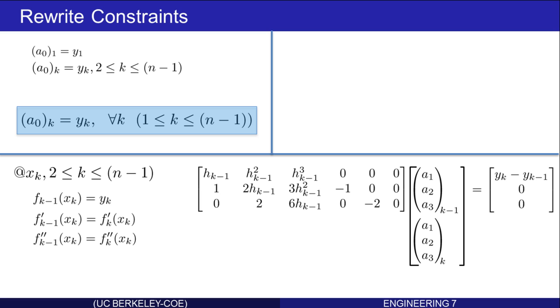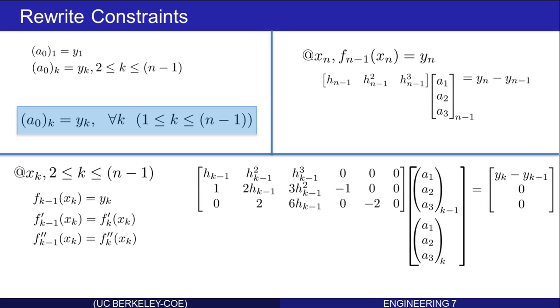You can see that we've used A0 k minus 1 equals yk minus 1, and that's why yk minus 1 is now appearing in here, and A0 k minus 1 is no longer on the left-hand side. Similarly, in the equation at the right endpoint, we've made a substitution for A0 n minus 1 equaling yn minus 1, and that's been moved over the other side.